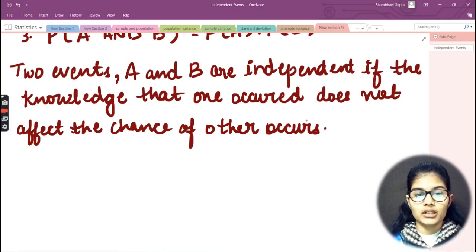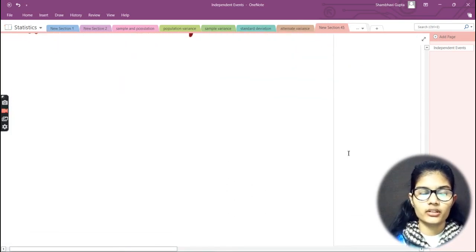Now, let's take a very quick example for checking the independence of events. Let me just write that out because it would be much clearer while writing.